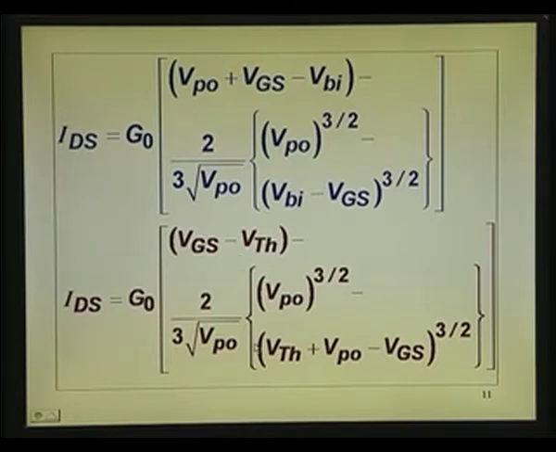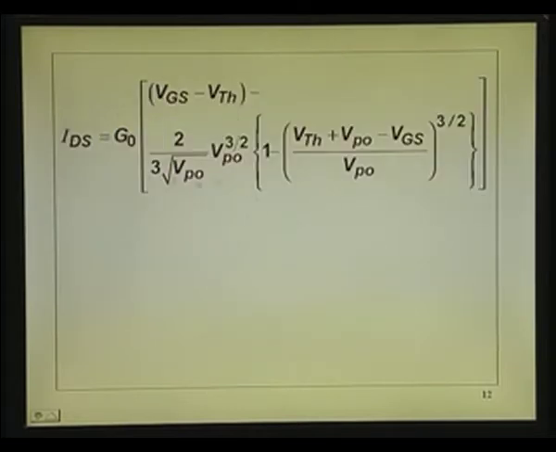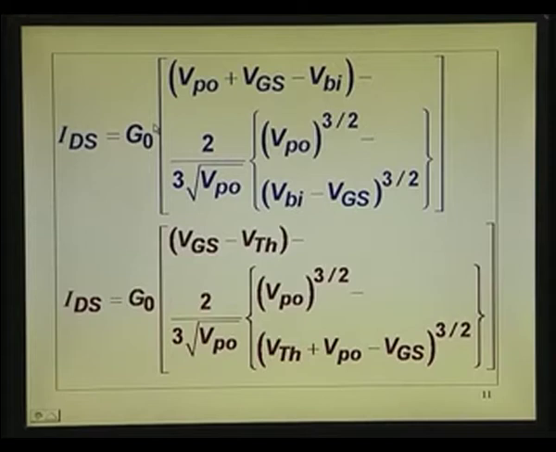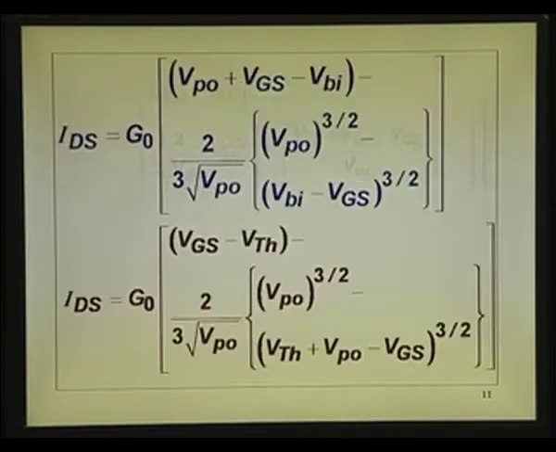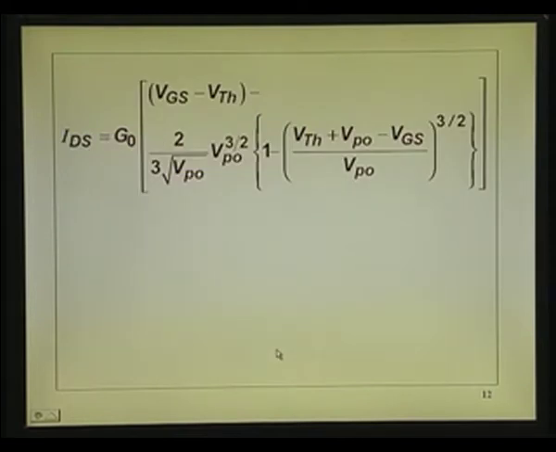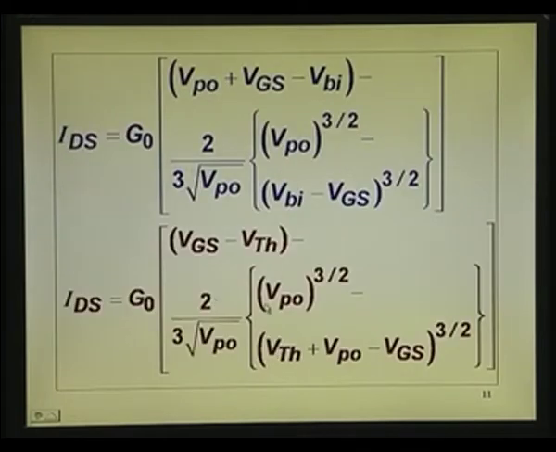The second term is 2 by 3 root of Vp0. I pull out Vp0 to the power 3 by 2 into 1 minus whatever is there. So, I will get 1 minus this whole thing divided by Vp0.